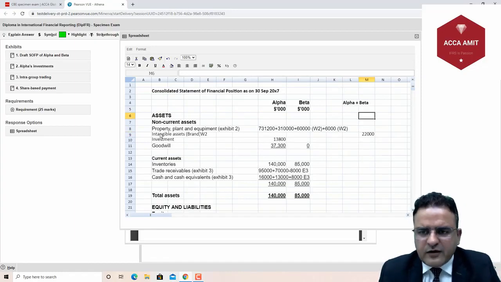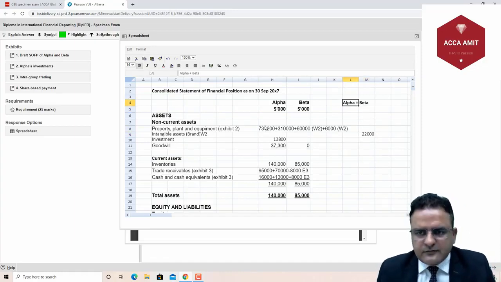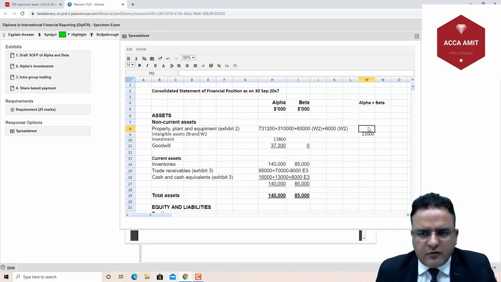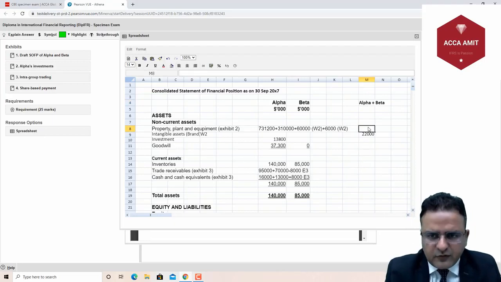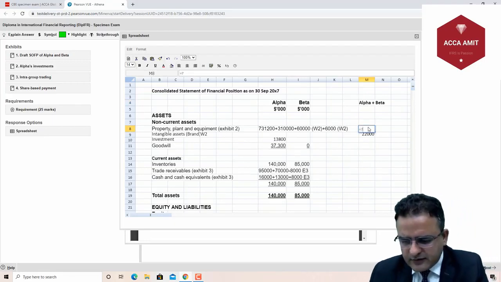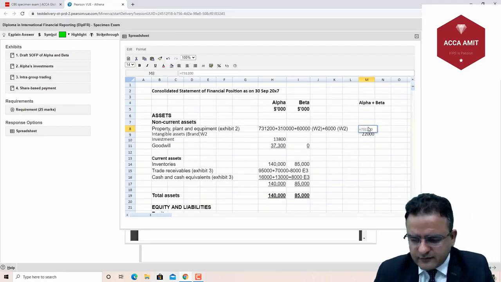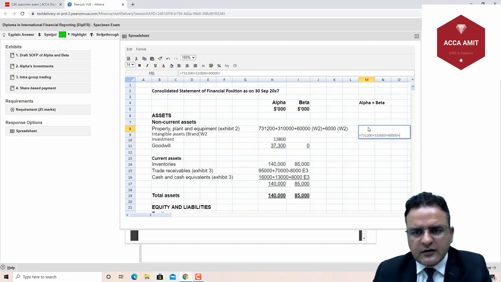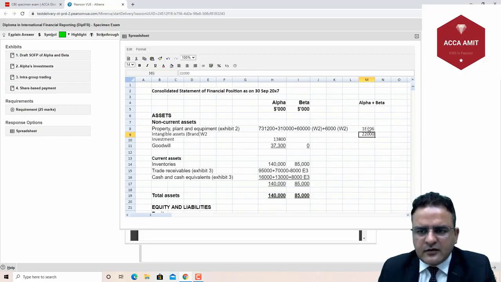So total of Alpha plus Beta for property, plant and equipment is equal to 731,200 plus 310,000 plus 60,000 plus 6,000 is the total value of plant and equipment included.